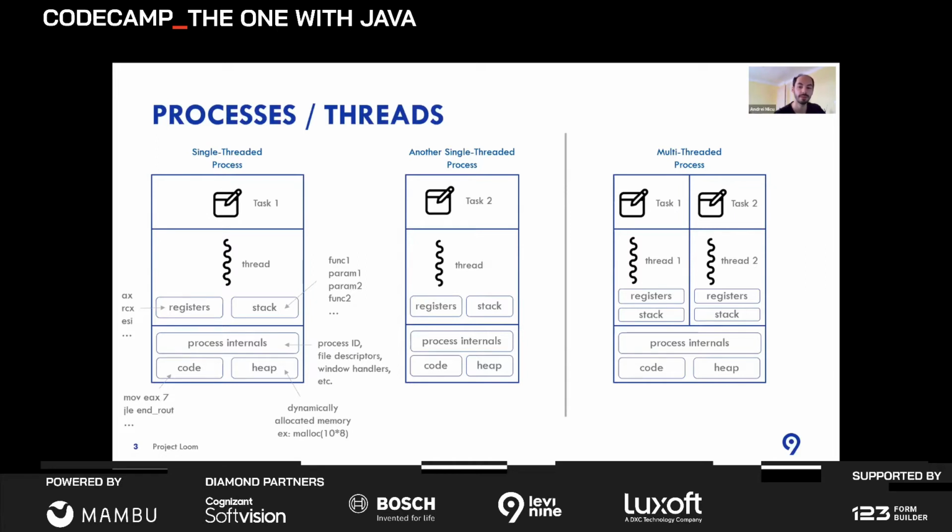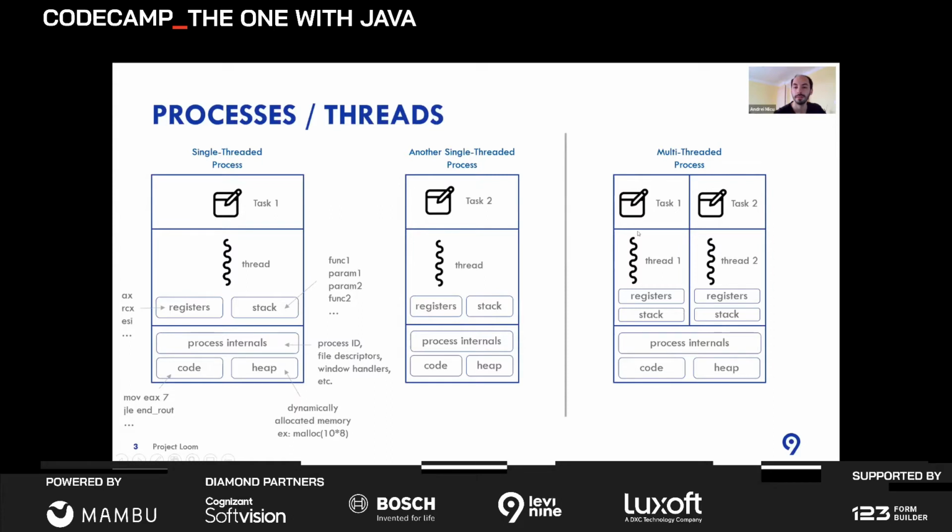So the thread became the main unit of computation, and you would have two tasks run in the same process, and they would share the same process internals, the same code, and the same heap. So there's a lot of optimization.